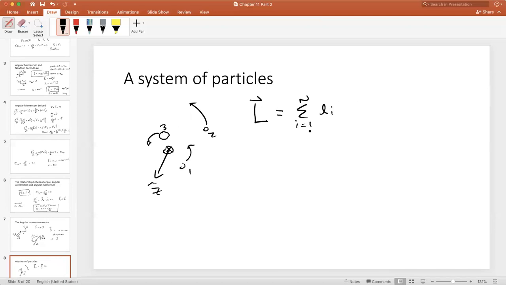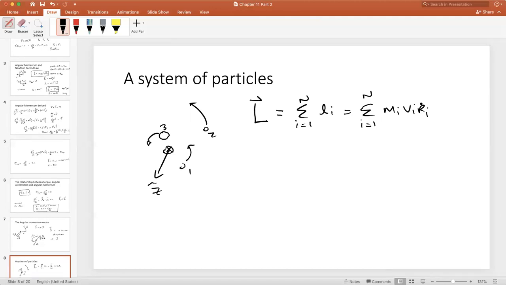So we would have the sum of 1, of 2, and of 3. This, keep in mind, is mvr. So it's each individual particle's mass times radial vector squared times omega. All you have to do is sum them up for the total system.